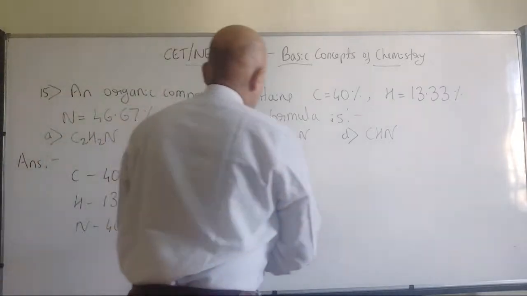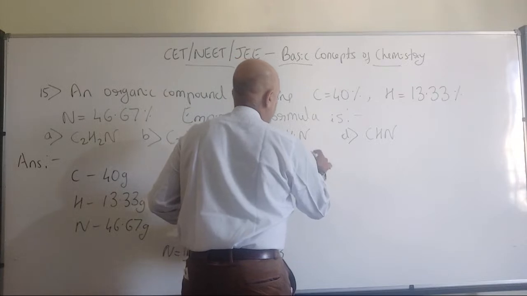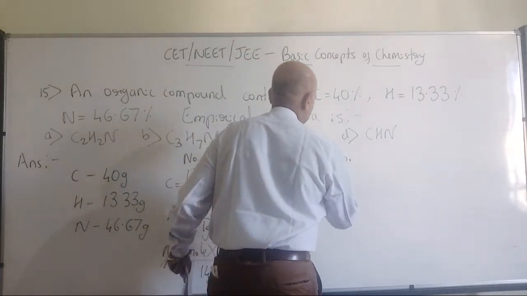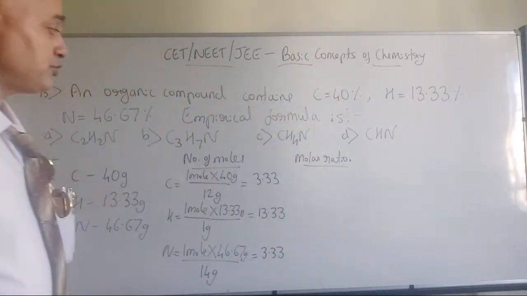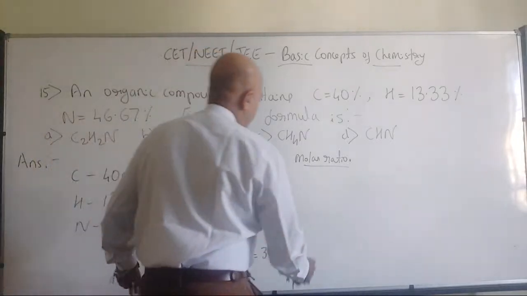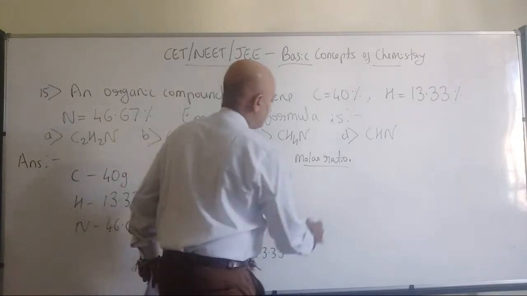So if I want to find out the molar ratio, what we have to do is divide by the least number. So we have to divide all three numbers by the least number, that is 3.33.